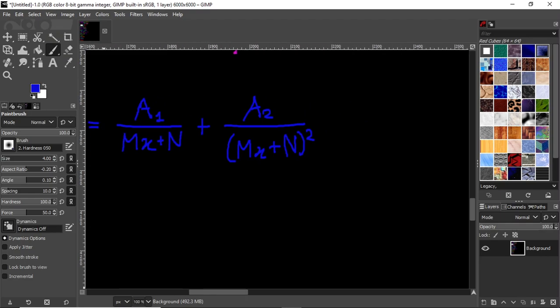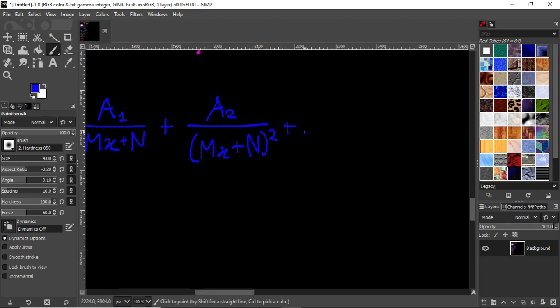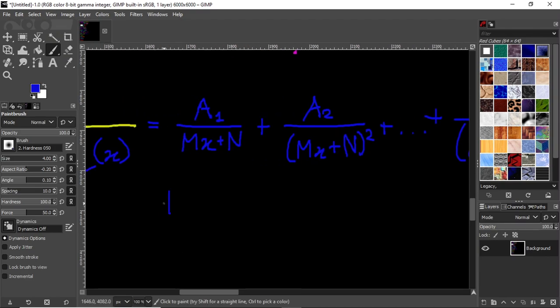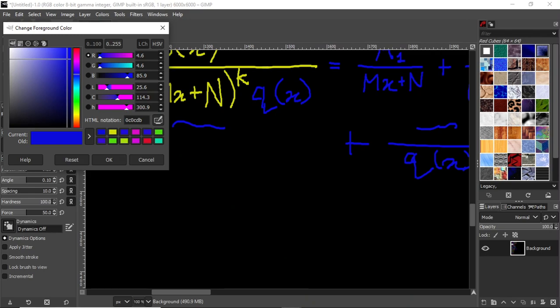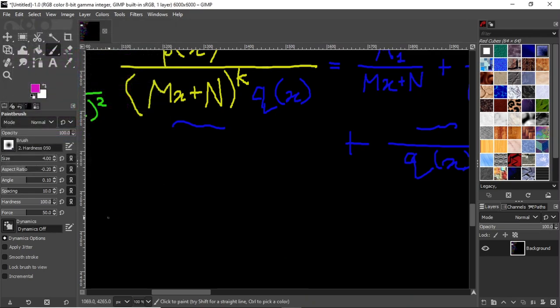And this is going to go on until we reach the kth term, a sub k divided by mx plus n to the power of k. And we have the q of x, and there's going to be something in the top. So that doesn't really matter, as we'll see. So this is breaking this down into partial fractions.